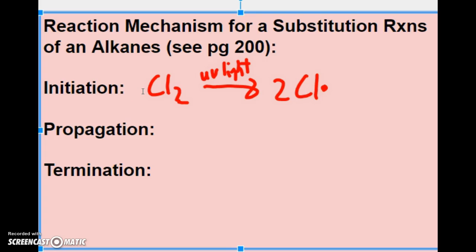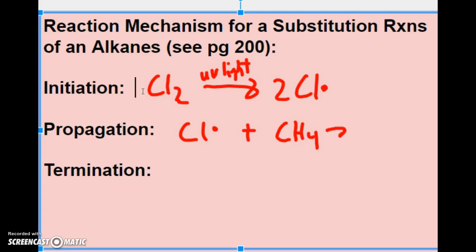So then the second step is this idea of propagation, which means this chlorine free radical is going to react with my alkane. And if you look in the book on page 200, there are several steps. They give several propagations that go on. But this is the first propagation. I think it's the easiest one to remember and understand because, remember, this is an alkane. So I'm going to go with the simplest alkane, CH4, reacting with a free radical.